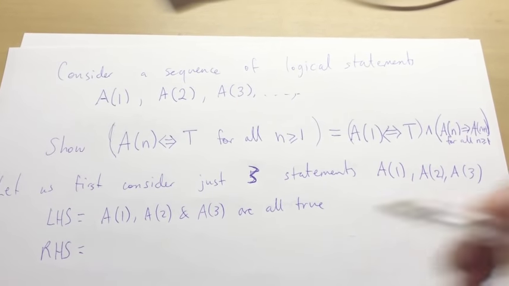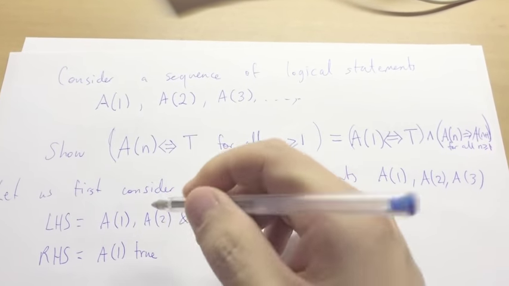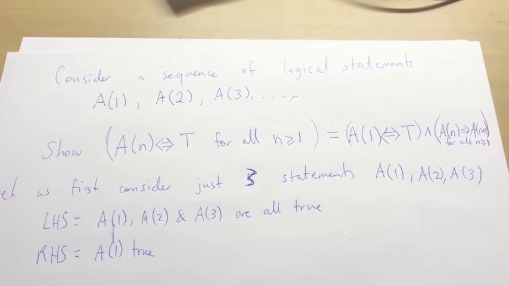So what's the right-hand side saying? The right-hand side is saying A1 is true. That corresponds to that part, which is good.